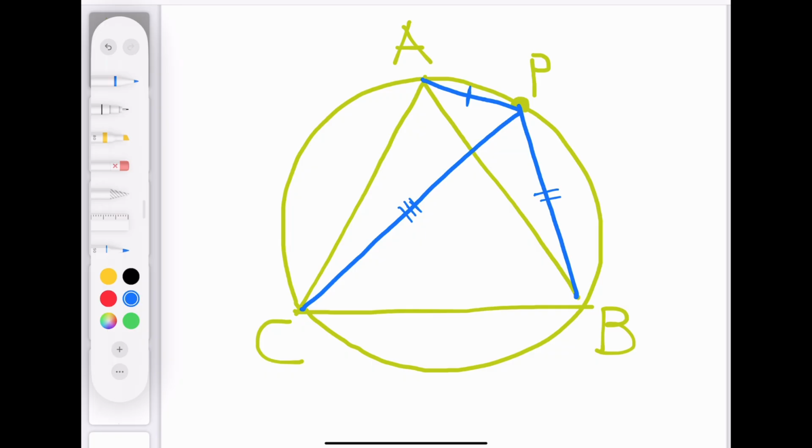Because we already have a lot of 60-degree angles in our configuration, and equilateral triangles give us a nice way to compare equal lengths to one another. So if we're having problems involving lengths in equilateral triangles, you get a lot of 60-degree angles. It's good to try to construct some equilateral triangles in the diagram.